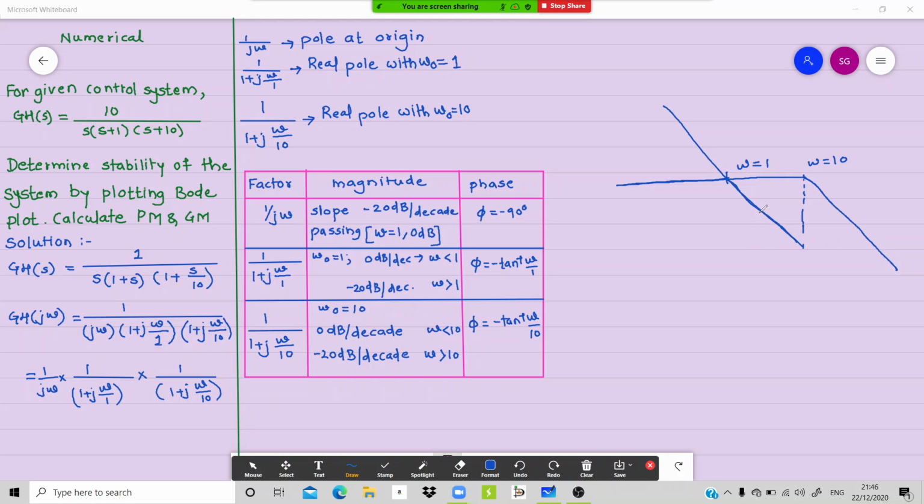So over here it will be minus 20 dB because of this and minus 20 dB because of this, so this is going to be 40 dB addition of these two. And from this point onwards, this 20, this 20 and this 20 also, so the slope is going to be minus 60 dB per decade, correct.